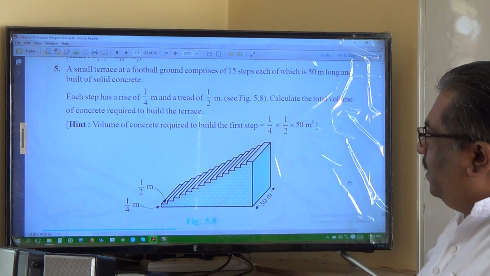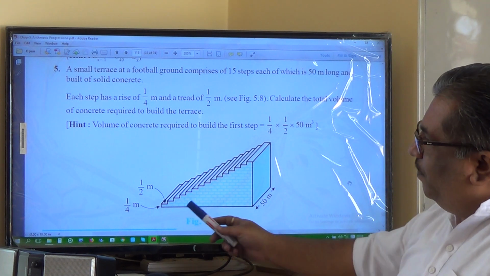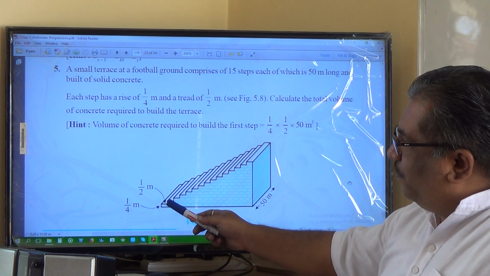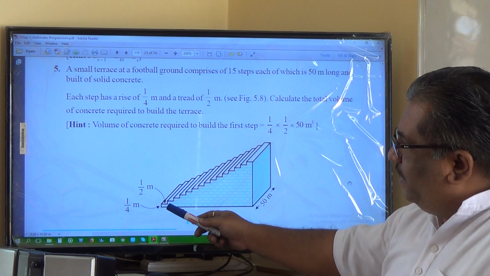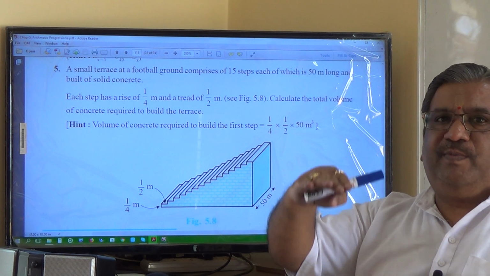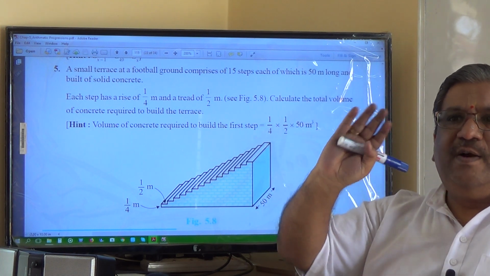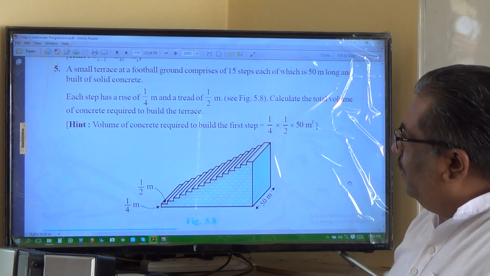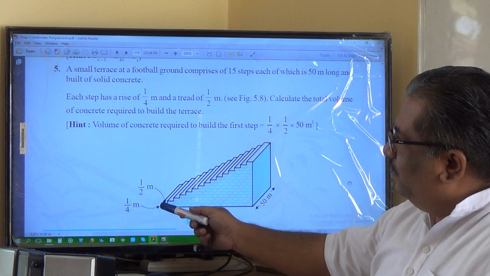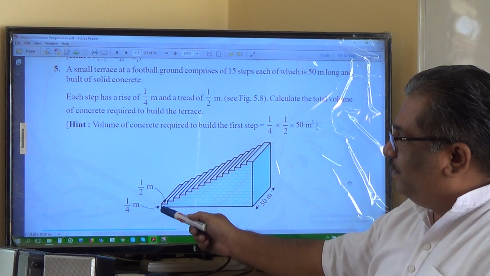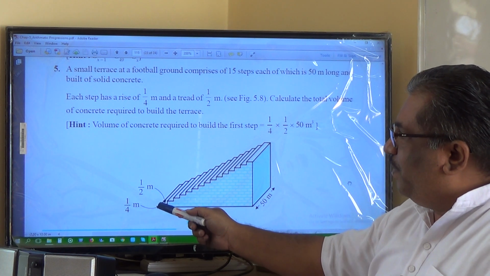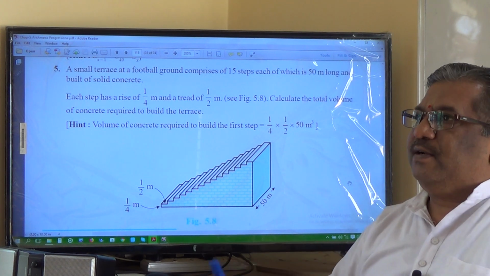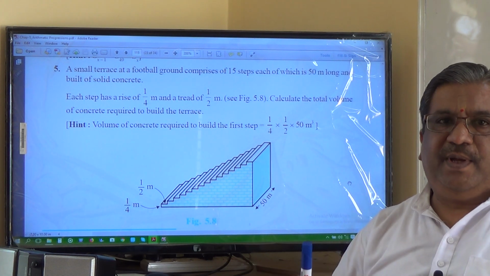So how do you calculate here? If you look at the height here it is 1/4, next is again 1/4, next is 1/4. The height is constantly increasing by 1/4 meter, which is a fixed number, constant, isn't it? Common difference. And the tread means width of the step is 1/2 meter, the length is 50 meter. I can calculate the volume of each step here.